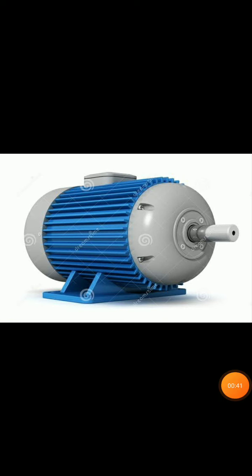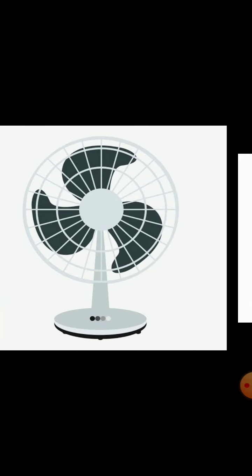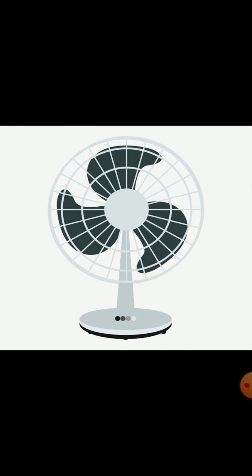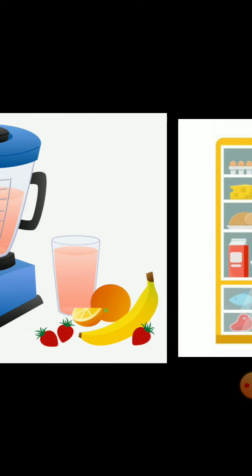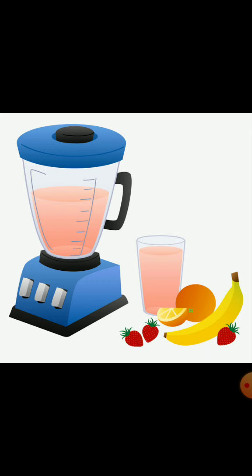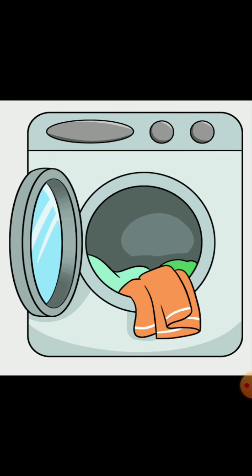Electric motor is used as an important component in many devices. So let us see the examples that have electric motor as one of the components. Electric motor is used as an important component in electric fans, in refrigerators, in mixers, also in washing machines.